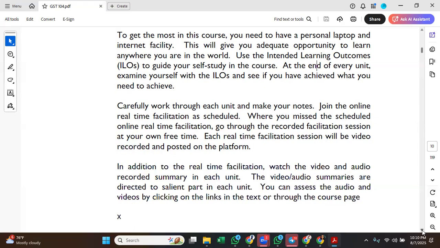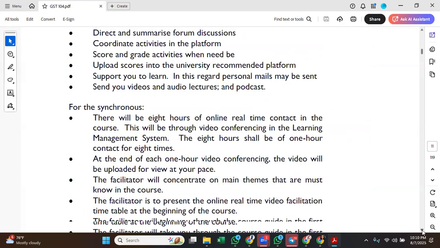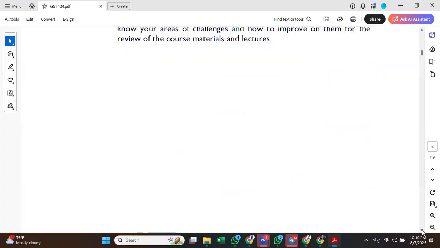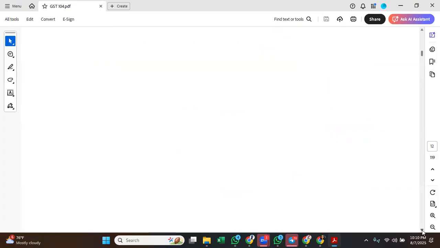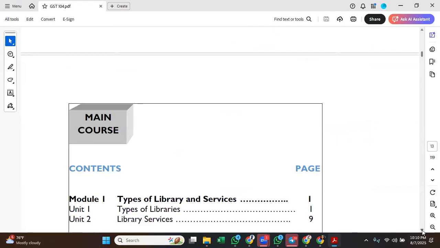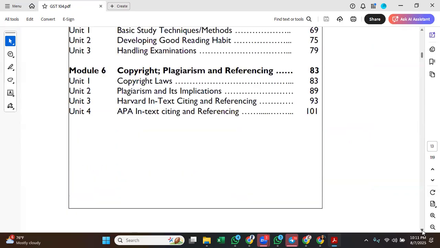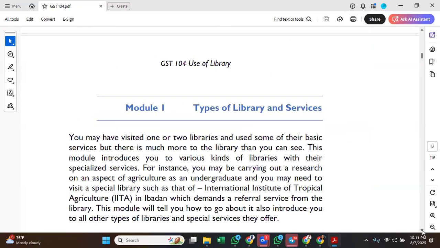The first thing we'll be talking about will be the introduction to the library, going back a bit into the history of the library. When did the library start? What are the first set of libraries we have? How did they operate?